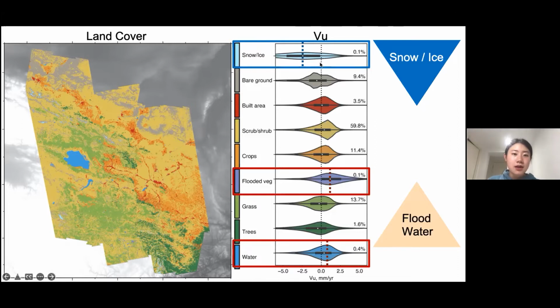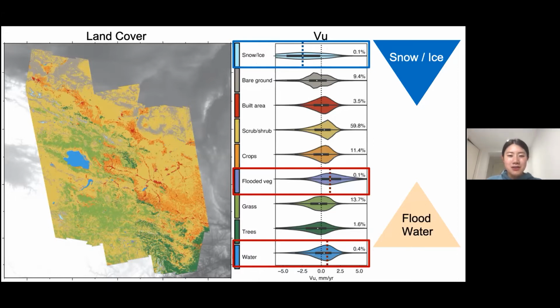We see there are 3 classes which are systematically away from 0, which means there might be systematic subsidence on pixels classified as snow and ice. There is uplift over pixels classified as flooded vegetation. And there is a systematic uplift on pixels classified as water.